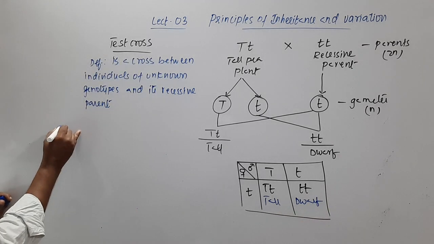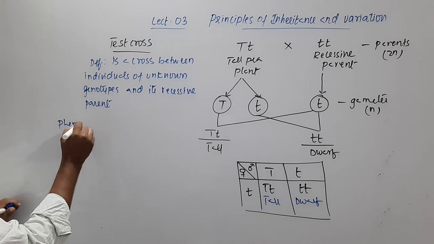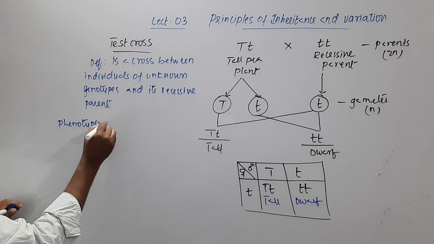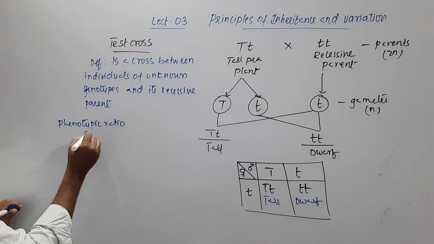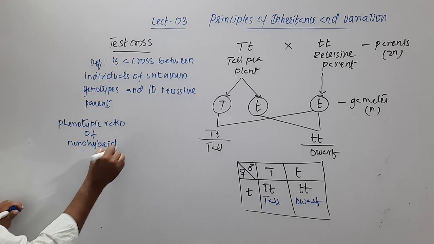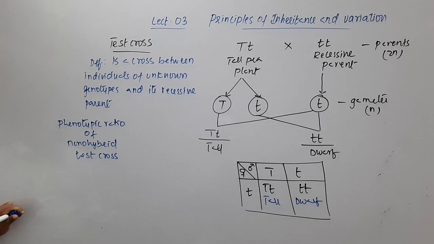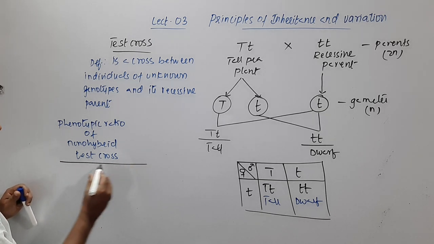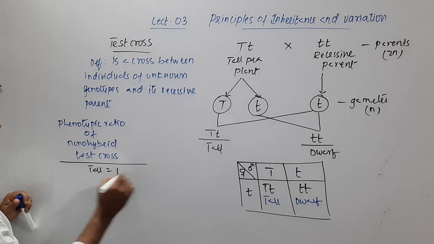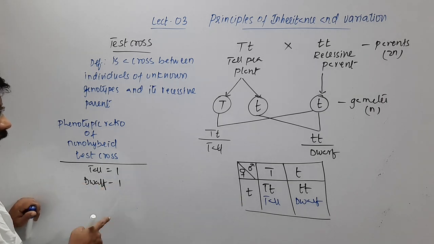So now taking the phenotypic ratio of the monohybrid test cross, in this case tall is 1 and dwarf is 1.